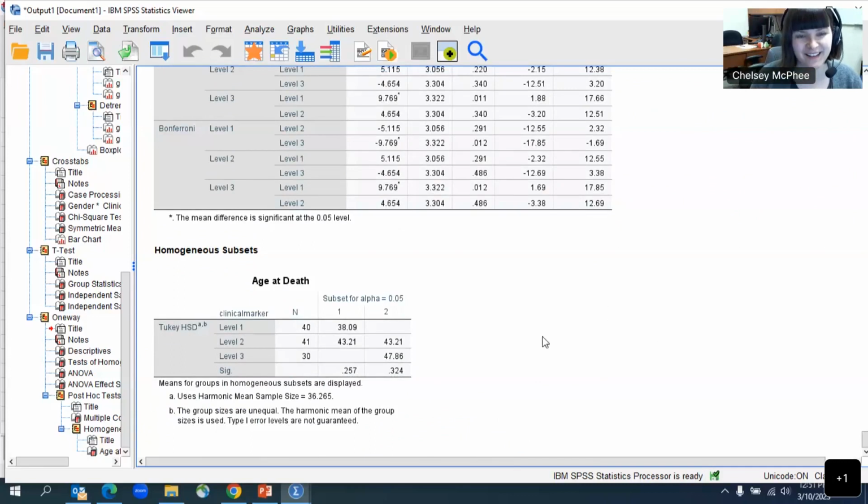Okay, so I'll move on to a regression type analysis now. For this one, I'm going to choose the binary logistic, where the question is basically, what was death affected by, whether they died or didn't die? The factors are gender, so we know there are 2 categories for that variable, the clinical marker they were found to have, which has 3 levels, 1, 2, or 3, and the age of first clinical problem, or when they were diagnosed.